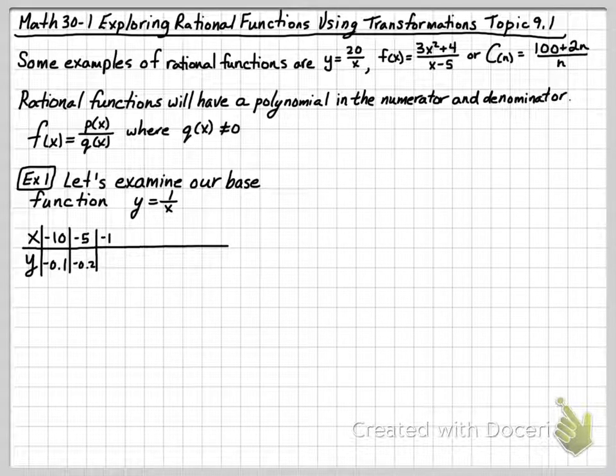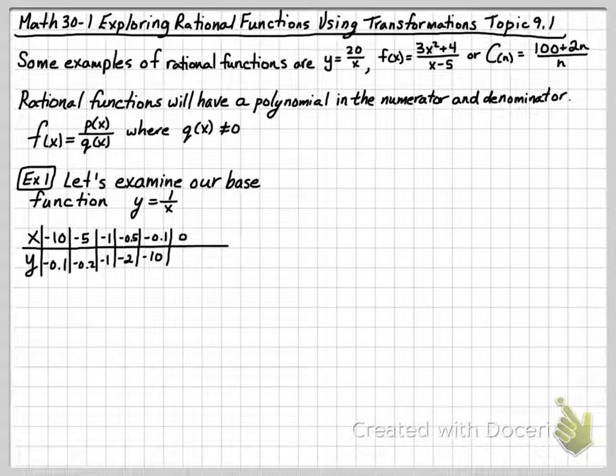If x was negative 1, 1 over negative 1 is negative 1. If x is negative 0.5, we'd end up with y being negative 2. And if x was negative 0.1, we're getting smaller and smaller for x, y is going to get larger and larger. That's going to become negative 10.